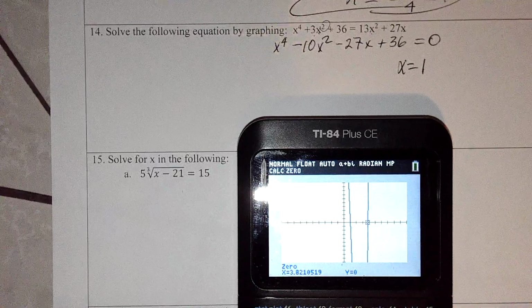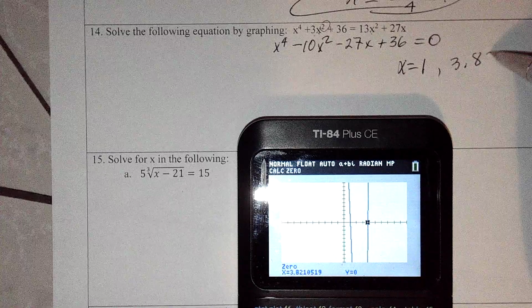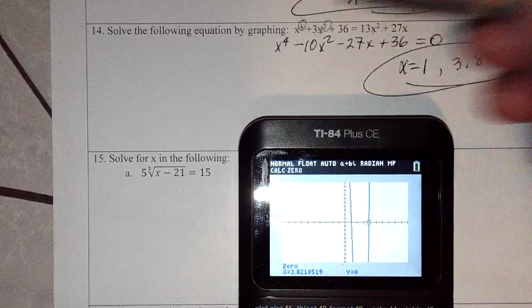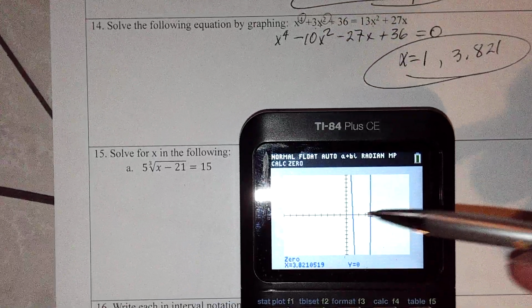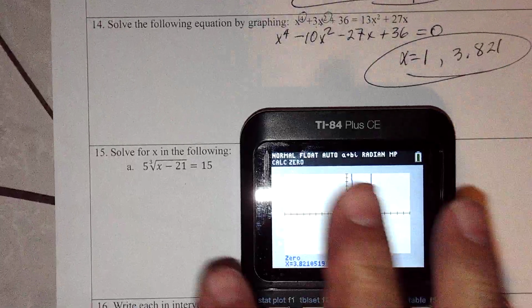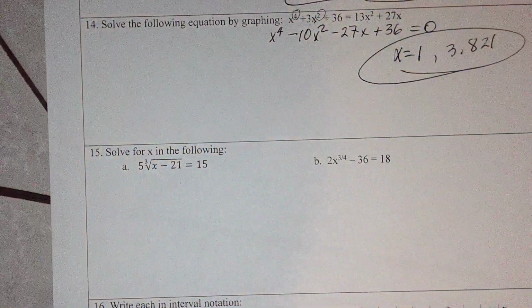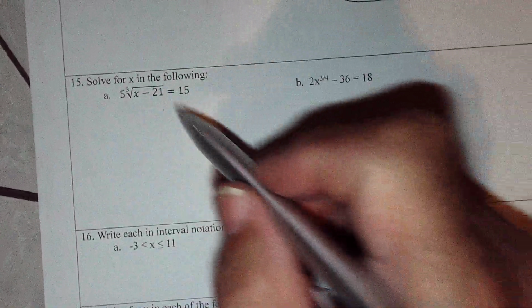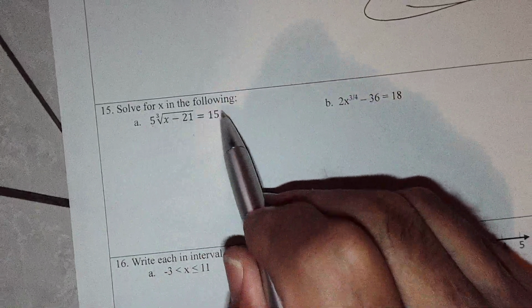And it says, no, it's 3.821. Now, fourth degree could have up to 4 places it's equal to 0. In this case, it only has 2. Okay? Now we got this one. So let's move the 5 out by dividing both sides by 5.